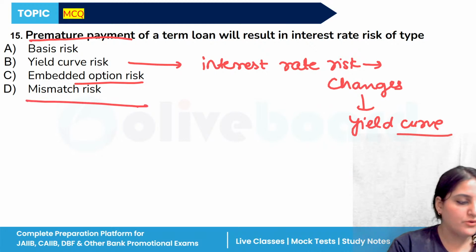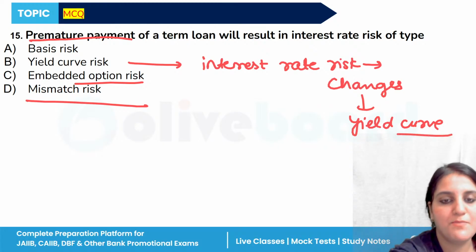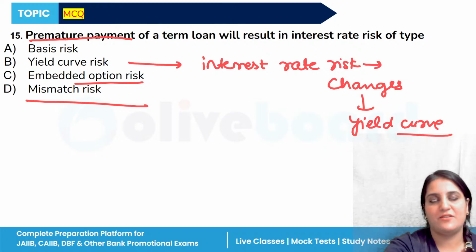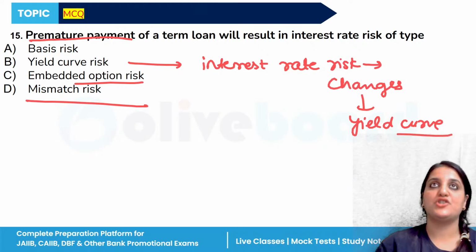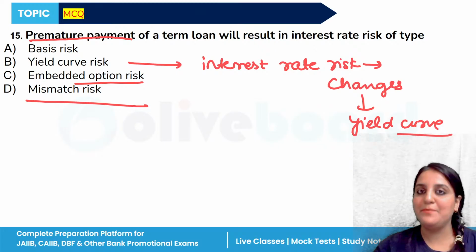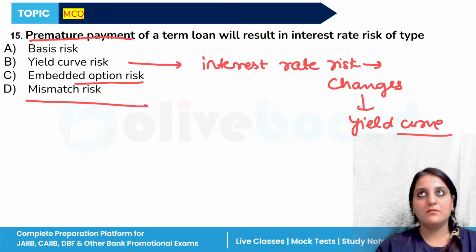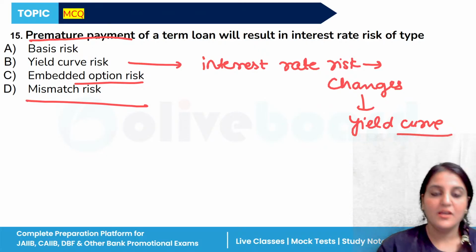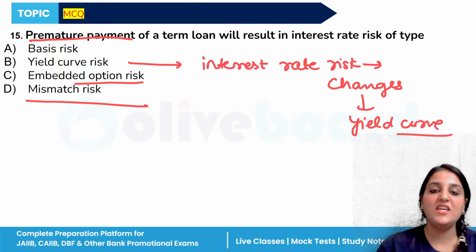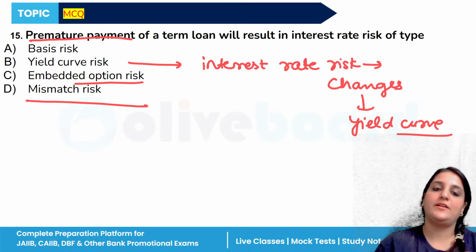And mismatch risk is that risk in which an organization's assets and liabilities have different maturities or interest rate sensitivities, which can lead to financial losses in the event of interest rate changes.